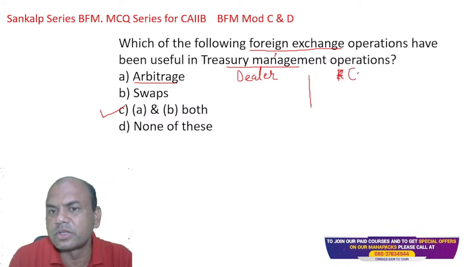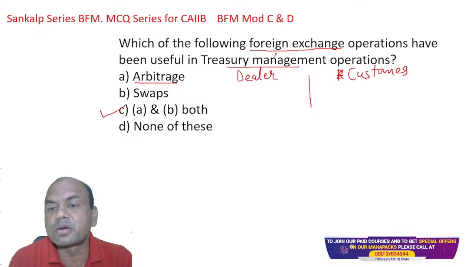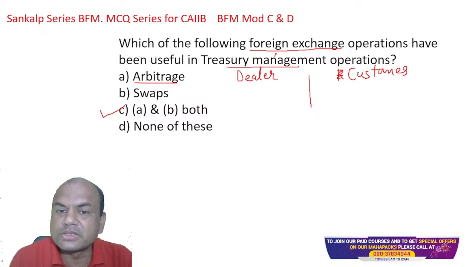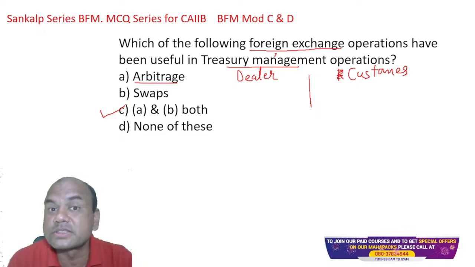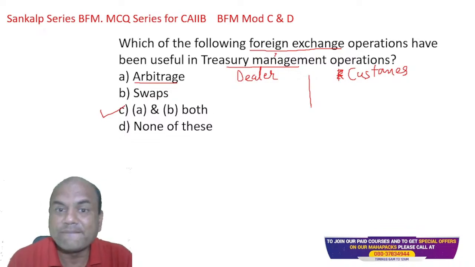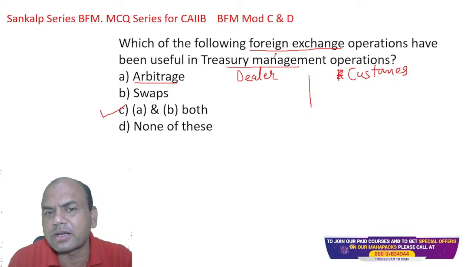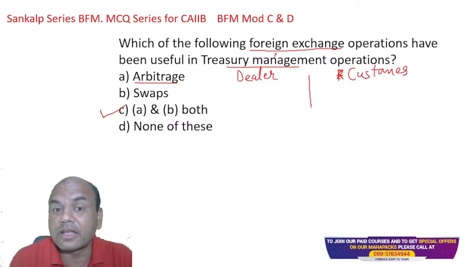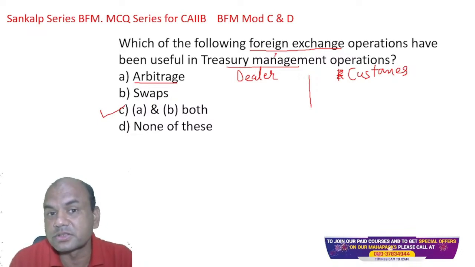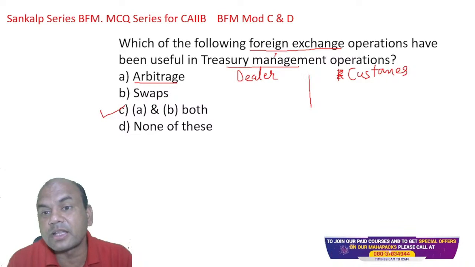Let's call us only customers. So what does this distributor do? He buys it from this dealer and sells it to the customer on the same day. Generally this vegetable market is in the morning between 4 to 7 a.m. There the whole wholesale market works, and after 7 a.m. this retail market works.